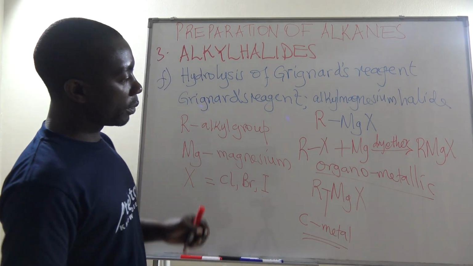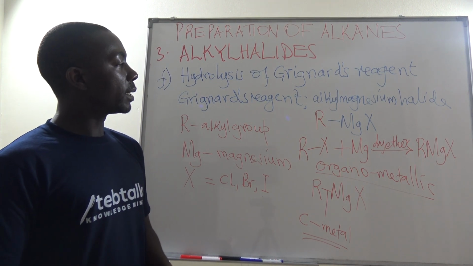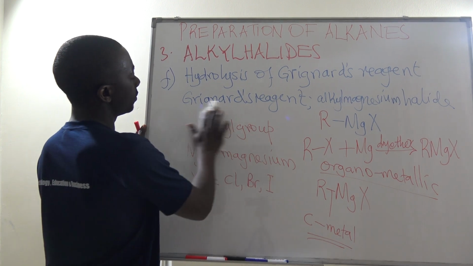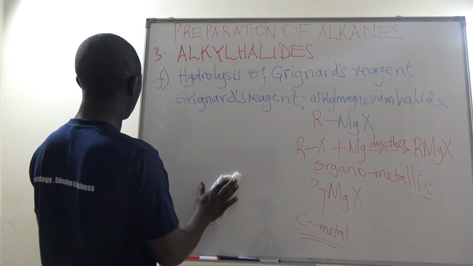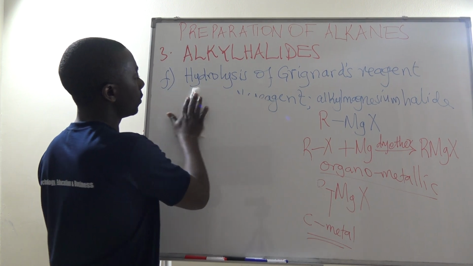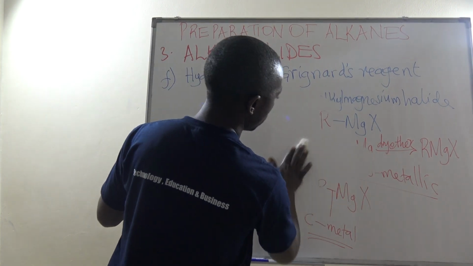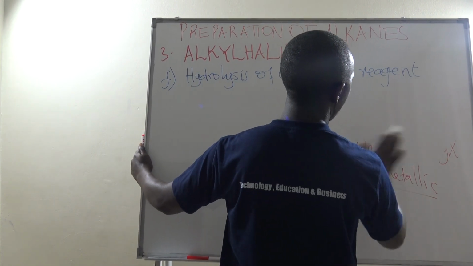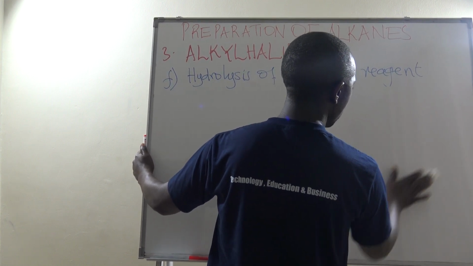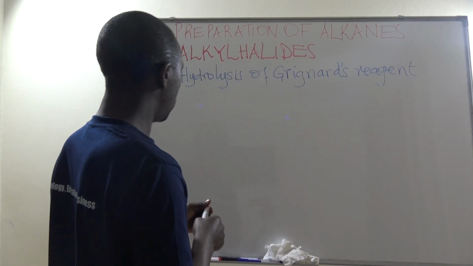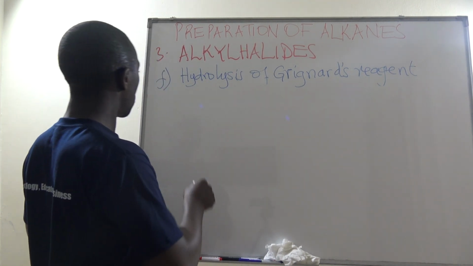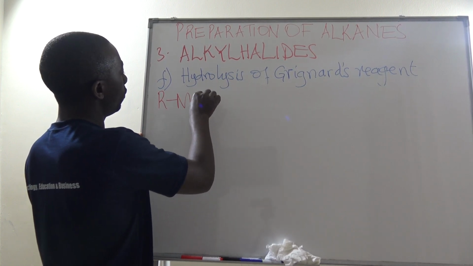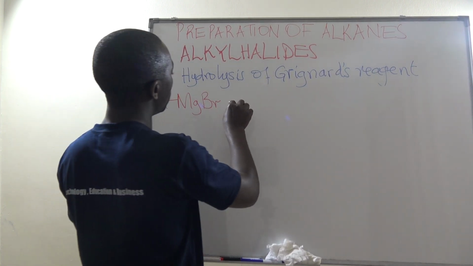Now, after looking at how we prepare Grignard's reagent, we can look at how we use it to produce an alkane. So this is my Grignard's reagent, and let me call the halogen this time bromine.